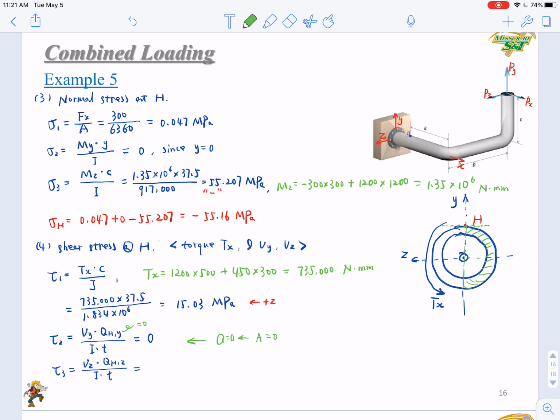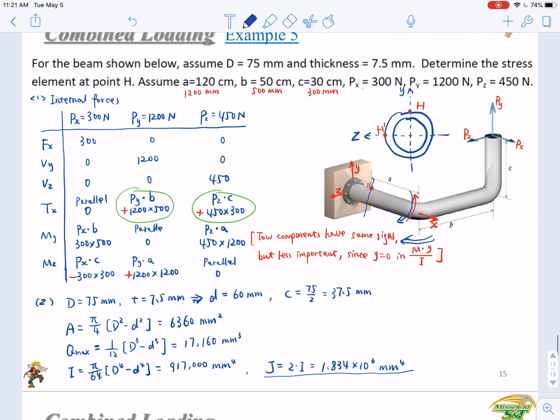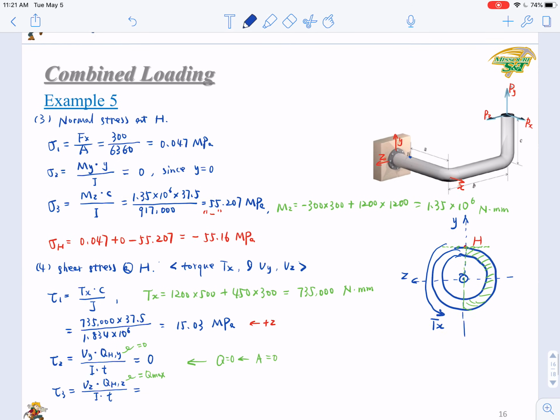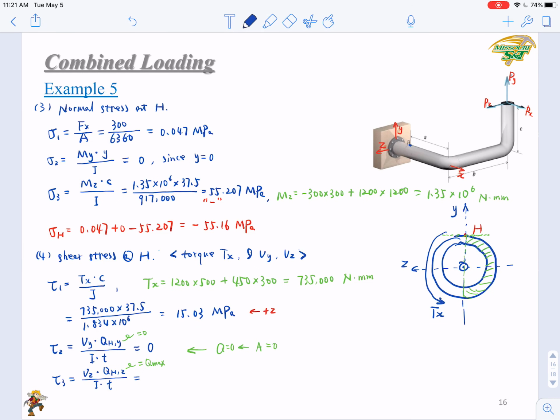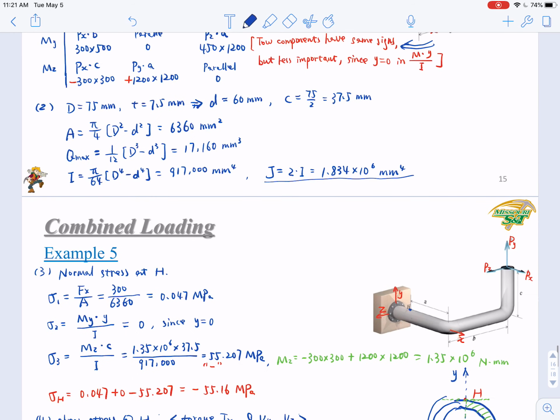We had this equation to determine the Q here. It's just the Q max. This will be the Q max for a circular cross section. Okay, so we can substitute numbers in this equation. The Vz, what is the Vz? Vz is 450. So here is 450 times Q max, determined here.